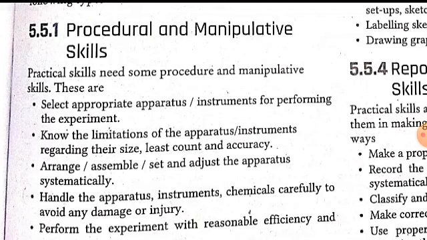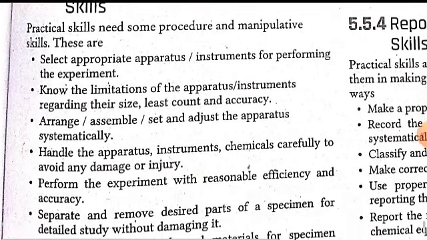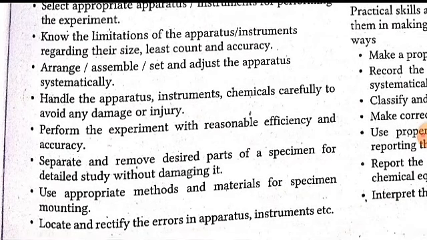Second, know the limitations of the apparatus or instruments regarding their size, least count, and accuracy. Third one is arrange, assemble, or set and adjust the apparatus systematically. Fourth is handle the apparatus, instruments, chemicals carefully to avoid any damage or injury. Fifth one is perform the experiment with reasonable efficiency and accuracy.